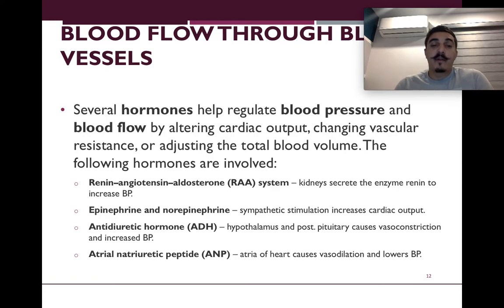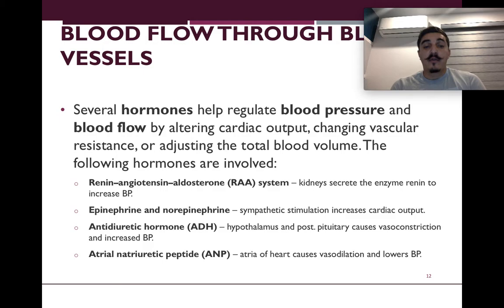We have epinephrine and norepinephrine. Remember, sympathetic stimulation: we release those hormones and increase cardiac output. Antidiuretic hormone causes vasoconstriction because there's more holding of that water. The more water there is, the more vasoconstricted the vessels become, and it increases the blood pressure.